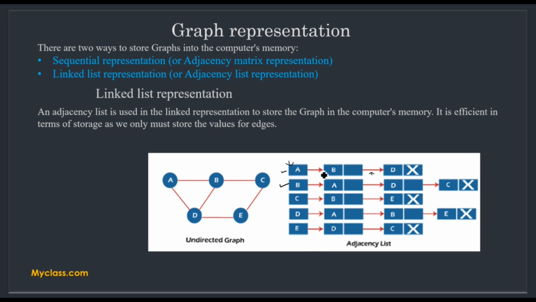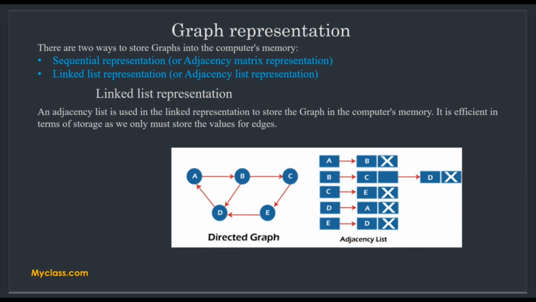For one edge, we represent it 2 times because it is an undirected graph. If it is a directed graph, then if there is an edge from A to B, we represent only that edge, and since there is no edge from B to A, there is no A value in B's list. Those values are what we store in the adjacency list.